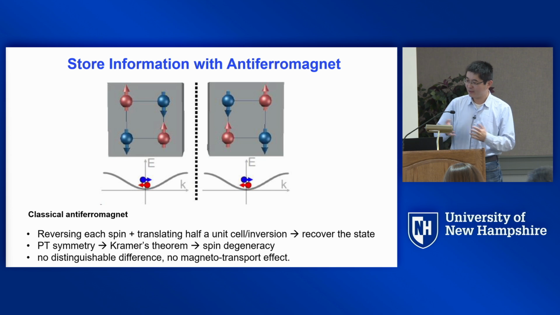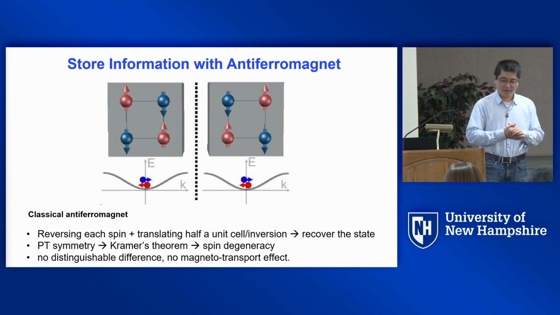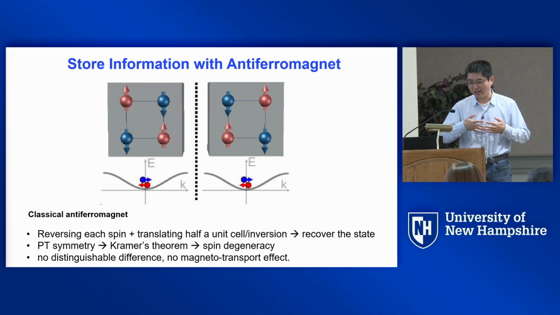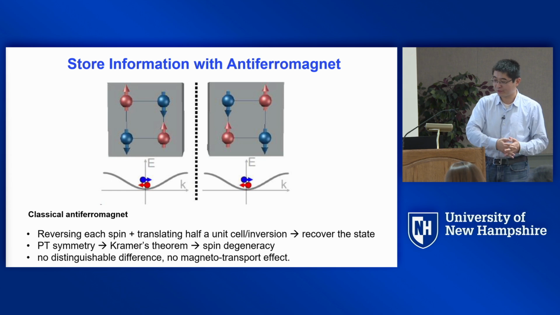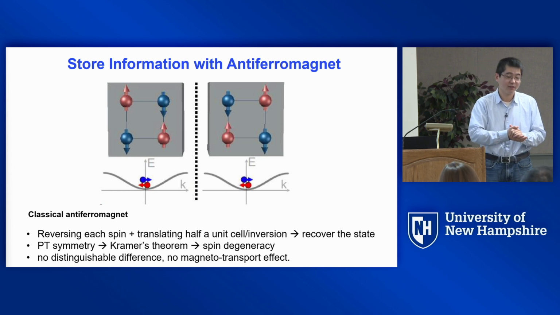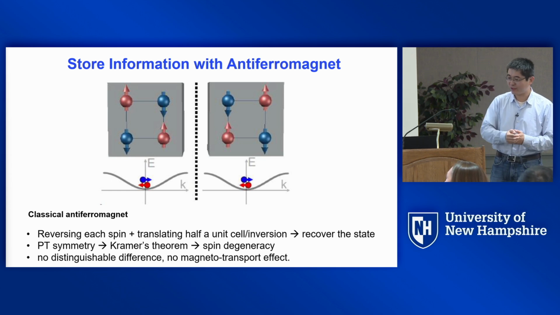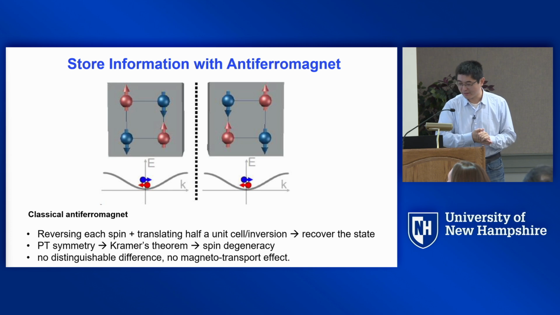There are some straightforward arguments, like in antiferromagnet, you have strong immunity to external perturbation, magnetic field perturbation, and also there are potentially some faster switching dynamics.